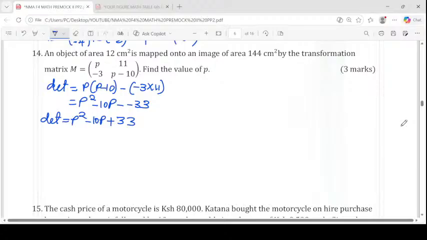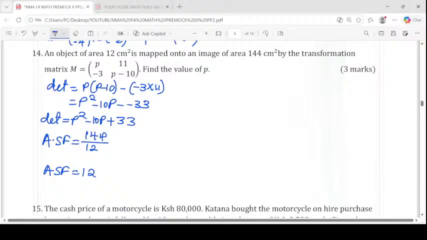After getting that as our determinant, we can get what is called our area scale factor, which is given by taking the area of the image, which is 144, divided by the area of the object, which is 12. Therefore, our area scale factor becomes 12.